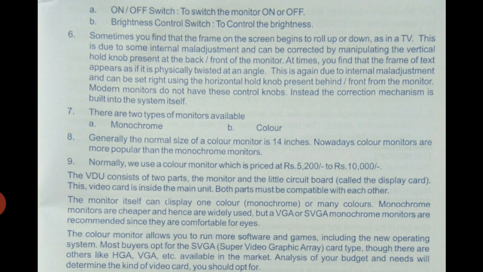Analysis of your budget and need will determine the kind of video card you should opt for. So it is up to you which one you have to buy. It depends on your budget.